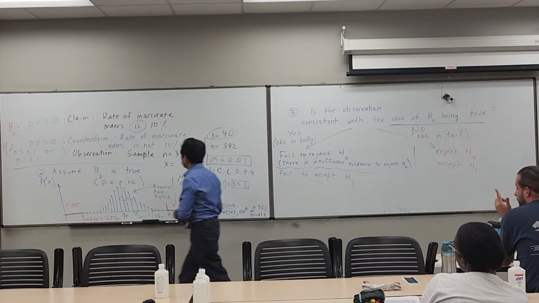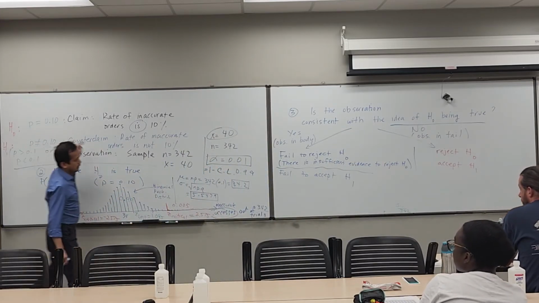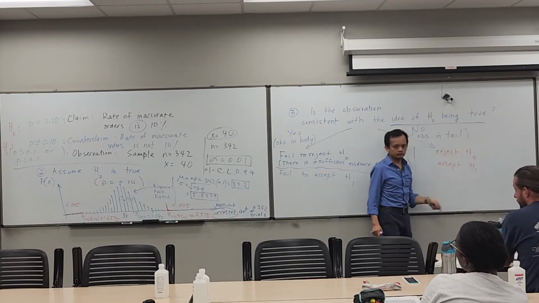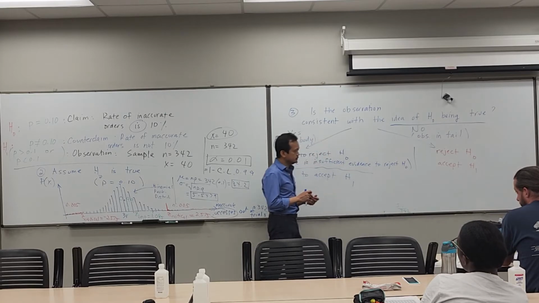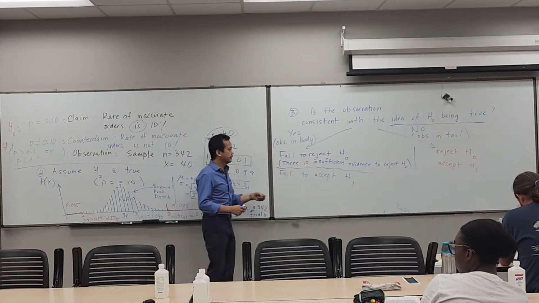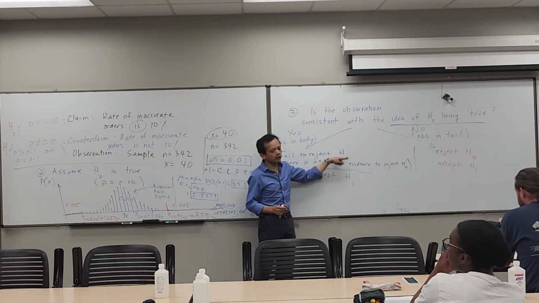So in this case, the claim happened to be H0, and so because we reject H0, we reject the claim in this case. So again, especially when you're first starting hypothesis testing, the part that is most confusing is the wording on these conclusions.